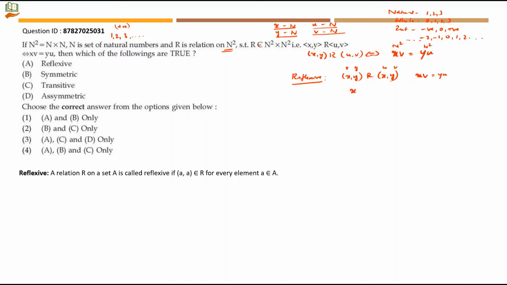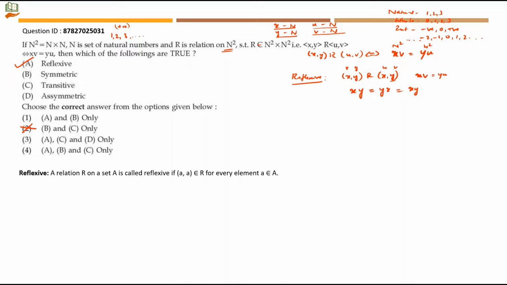So in place of X I have X, in place of V I have Y, which is equal to, in place of Y I have Y, in place of U I have X. This is also equal to X into Y. So XY is equal to XY, which states that the reflexive property is true. So A is true. Now I can rule out the second option because A is not present.